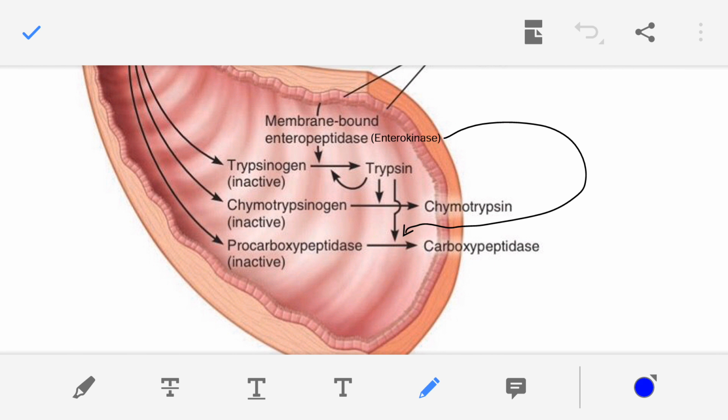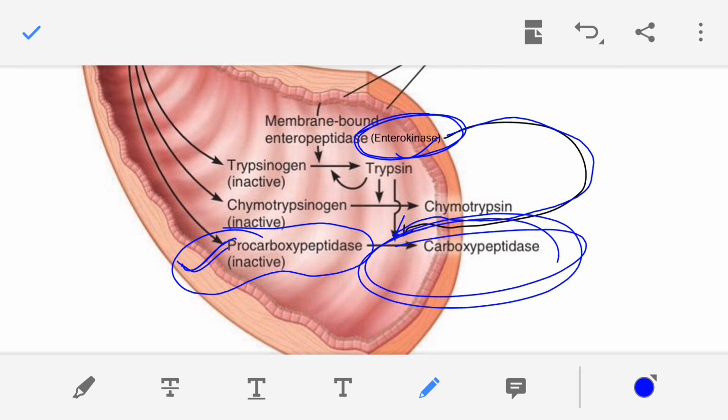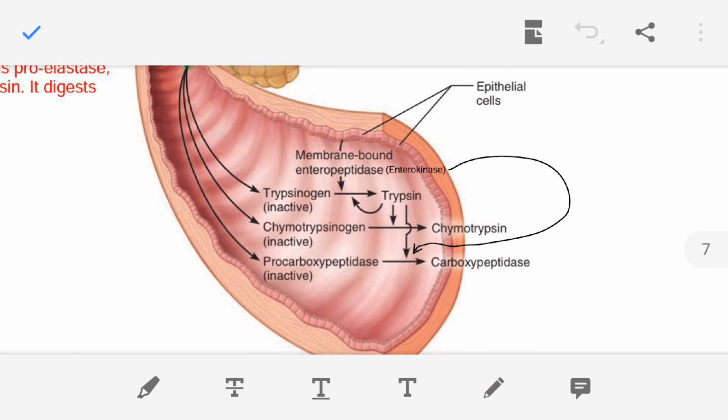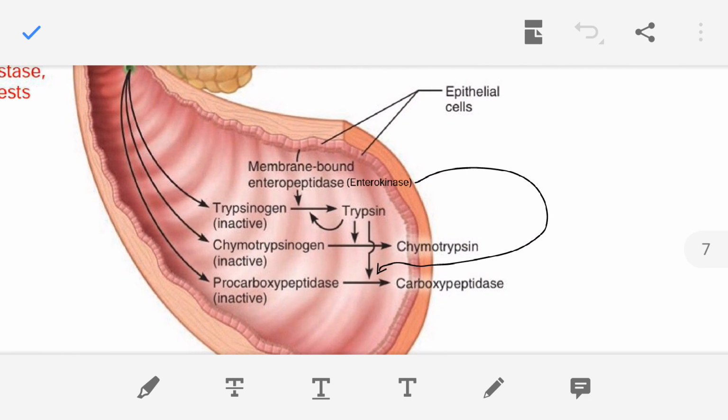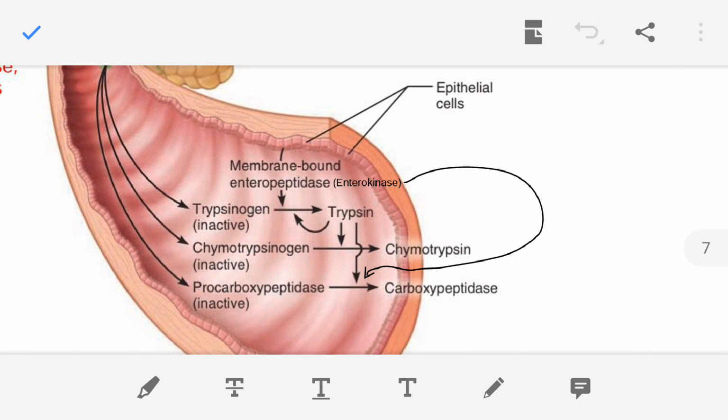And for the activation, enterokinase is also participating, and enterokinase is also responsible for the activation of procarboxypeptidase into active carboxypeptidase. So these are the conversions you need to remember: which enzyme is secreted in the inactive form and which enzyme is activating it.